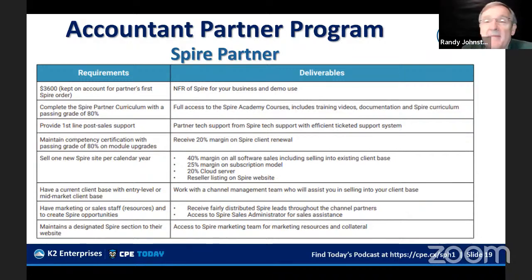And you automatically receive 20% of the renewals on any client installations as part of the partner program. Now, these margin kickbacks basically vary by platform. 20% is fair, but notice that if you're doing at least one new Spire client per year, you receive 40% margin on all software sales.